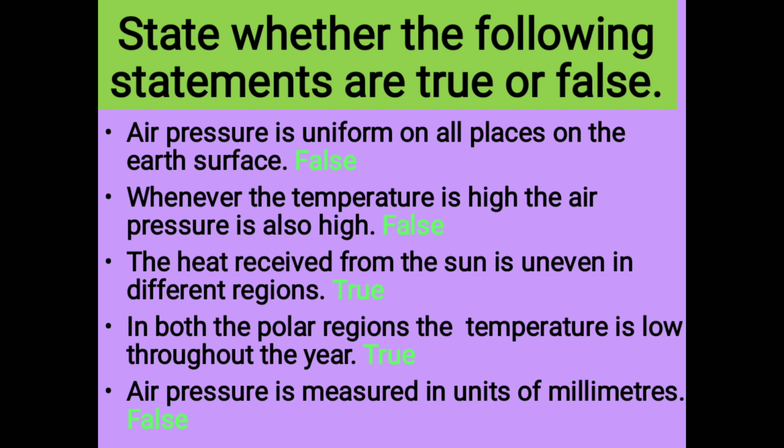Number 3, the heat received from the sun is uneven in different regions. True. Number 4, in both the polar regions, the temperature is low throughout the year. True. Number 5, air pressure is measured in units of millimeters. False.